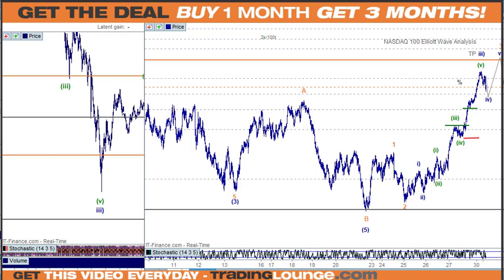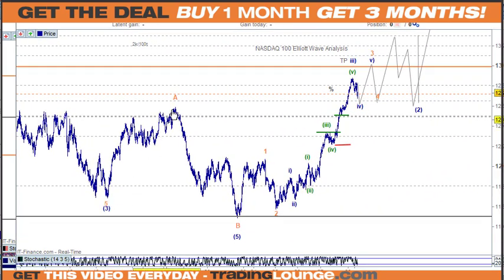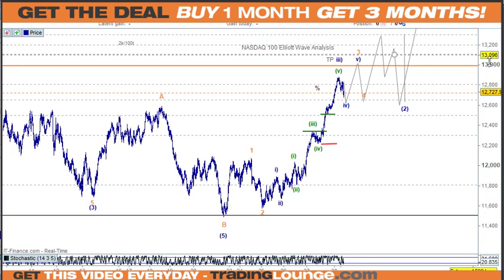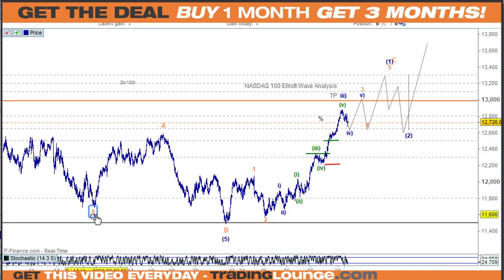And if we were comparing them, so to speak, we were looking at the NASDAQ and the S&P in two different ways. We're looking at them as a bullish move and also a corrective rally. So the corrective rally would be the A wave, the B wave here, and then all the way up for the C wave here. So 5 waves up into this move here. And yeah, so that would be it.